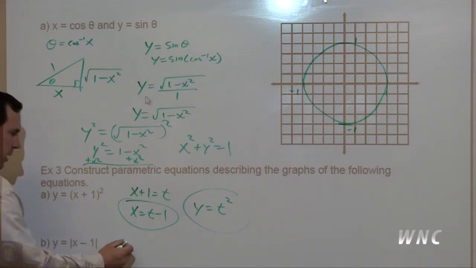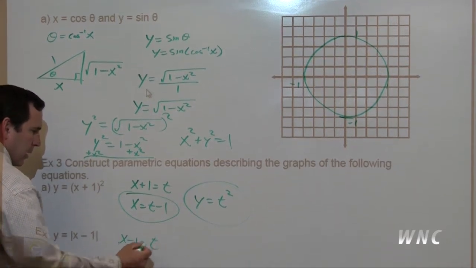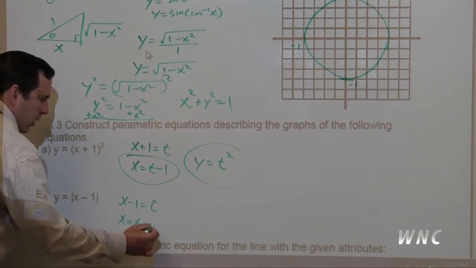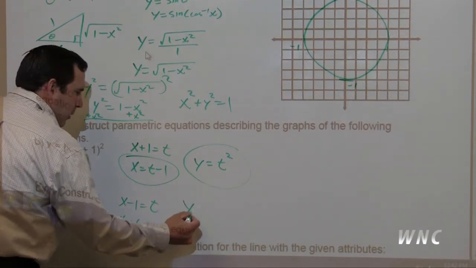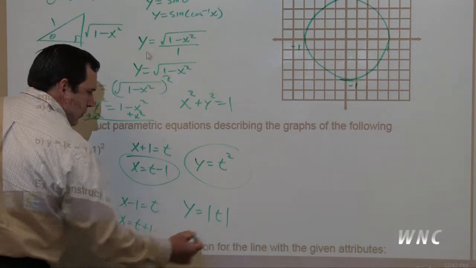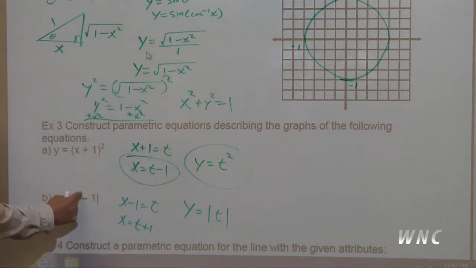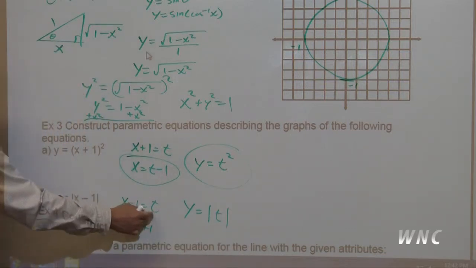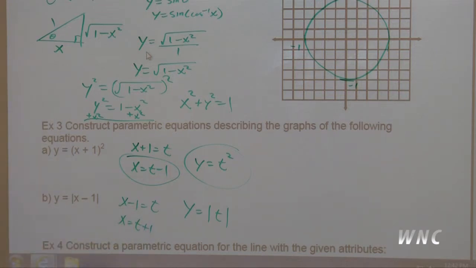Likewise, for the next one, we could say x minus 1 equals t, which means x equals t plus 1, and y would be equal to the absolute value of t, because this gets replaced with t. That's what t is. Okay.